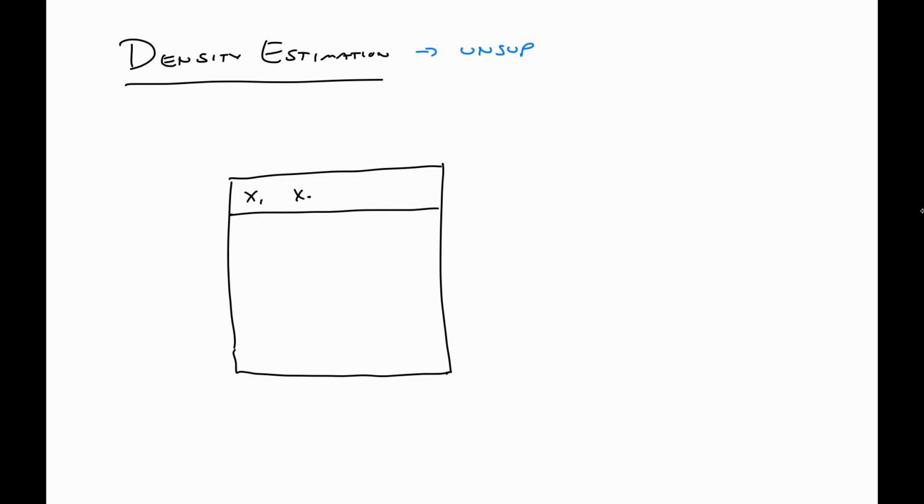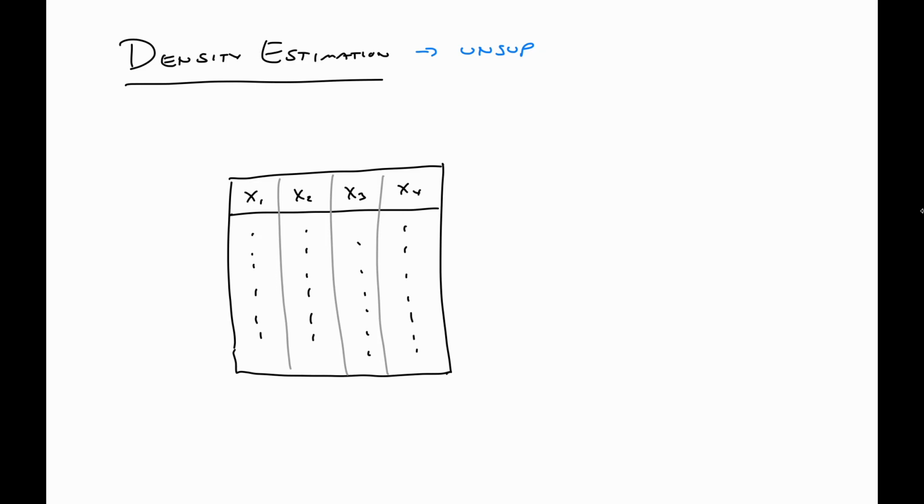So let's say we have, I don't know, 4 variables. And for the sake of simplicity of talking about this, we'll just assume they're all numeric, though they don't necessarily have to be.